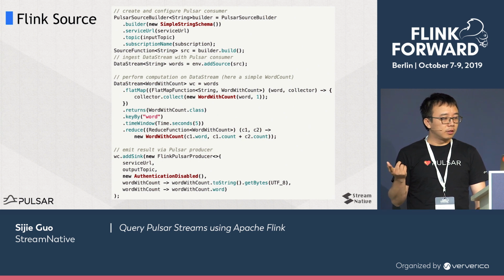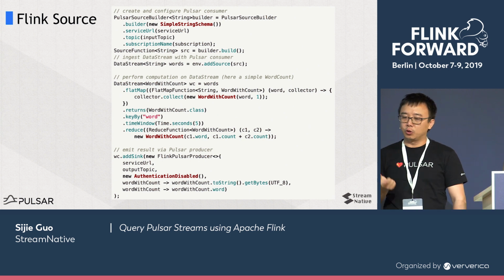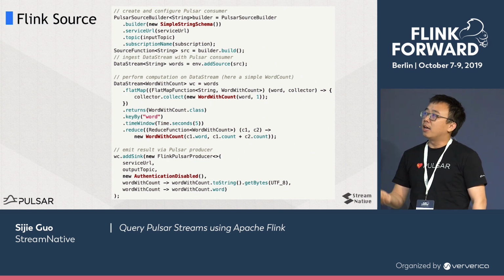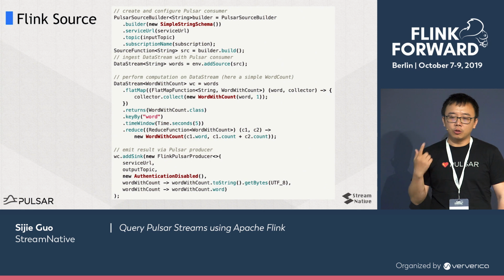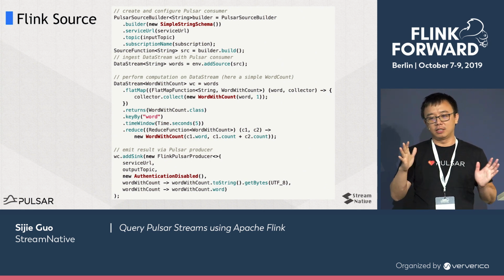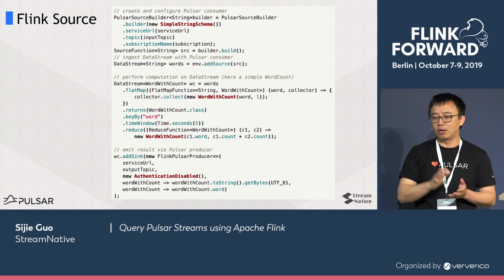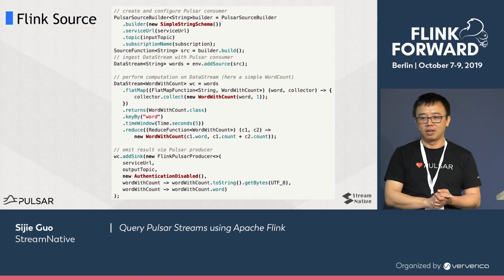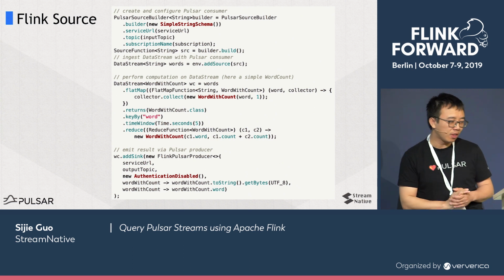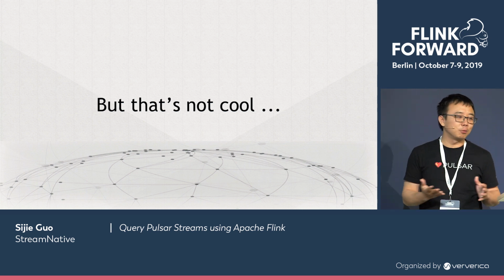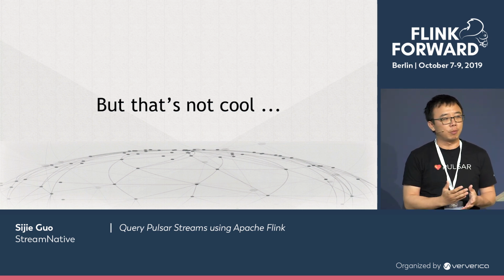Then you can connect the stream with any Flink processing logic, and at the end you can also produce the result back to Pulsar. So this integration is all about the source connector or sink connector. There's nothing special there. But that's not cool. It doesn't leverage the whole power of Pulsar.